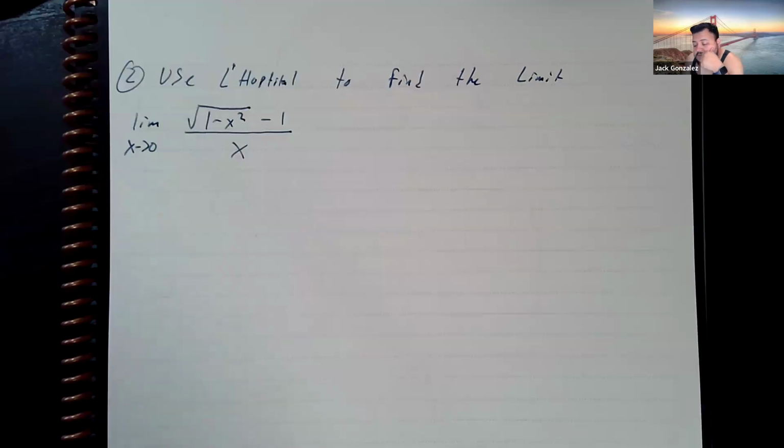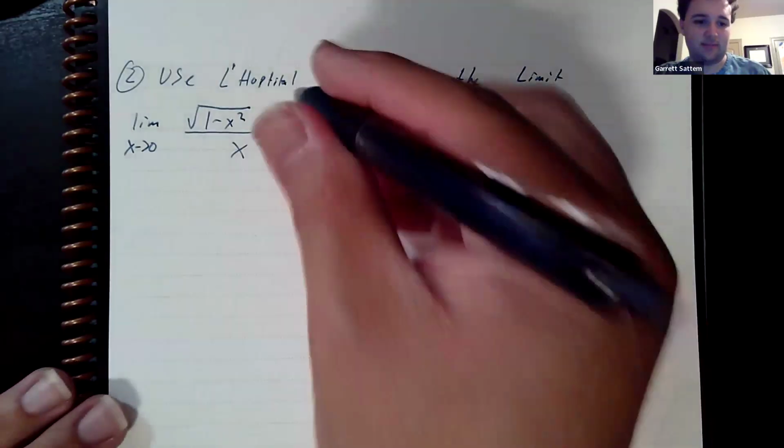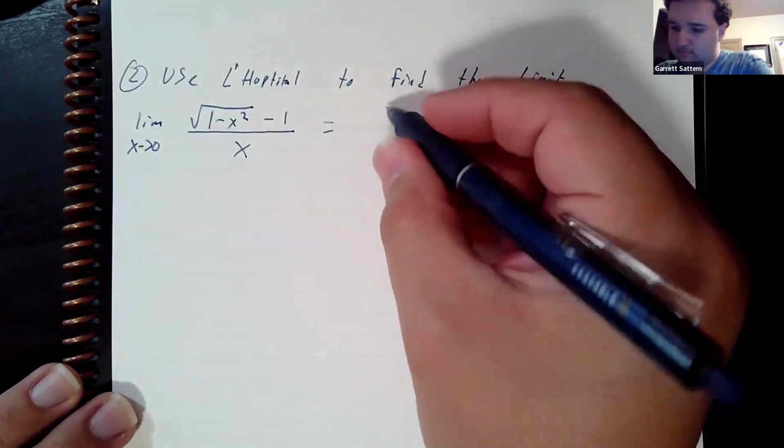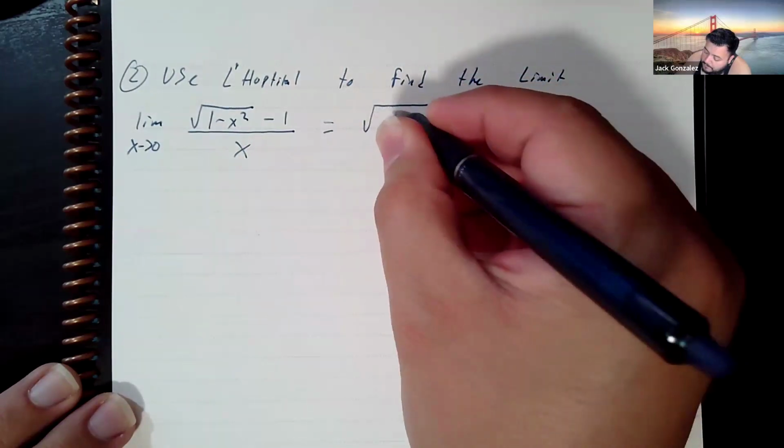Do you agree if I put 0 in there, I'm going to have 0 over 0? Yes. And if you don't see it, I'm going to do it anyway.